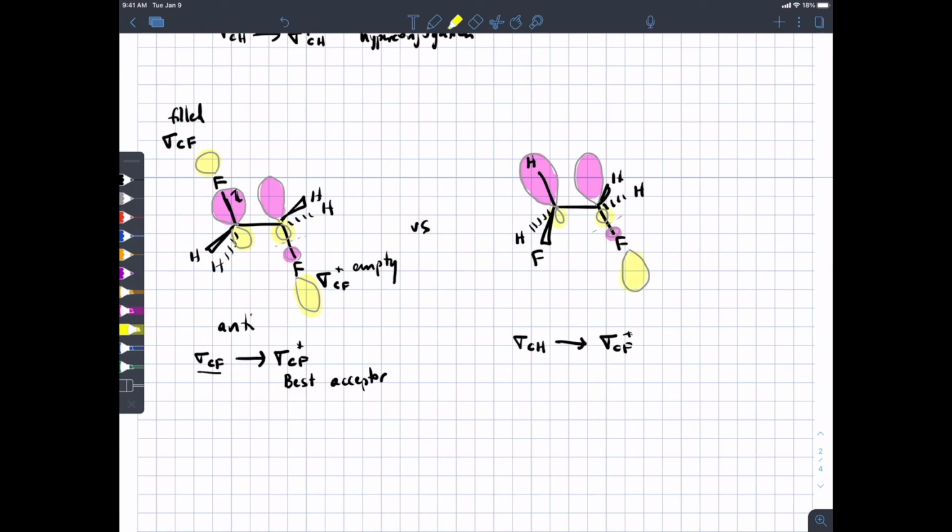And what I hope you'll see is that having the carbon-hydrogen bond anti to the carbon-fluorine bond lines up our best acceptor with our best donor.